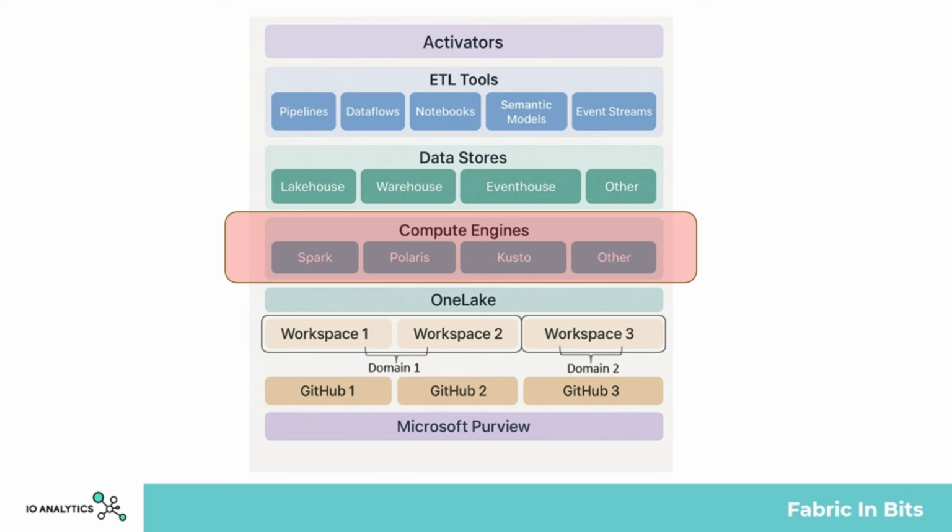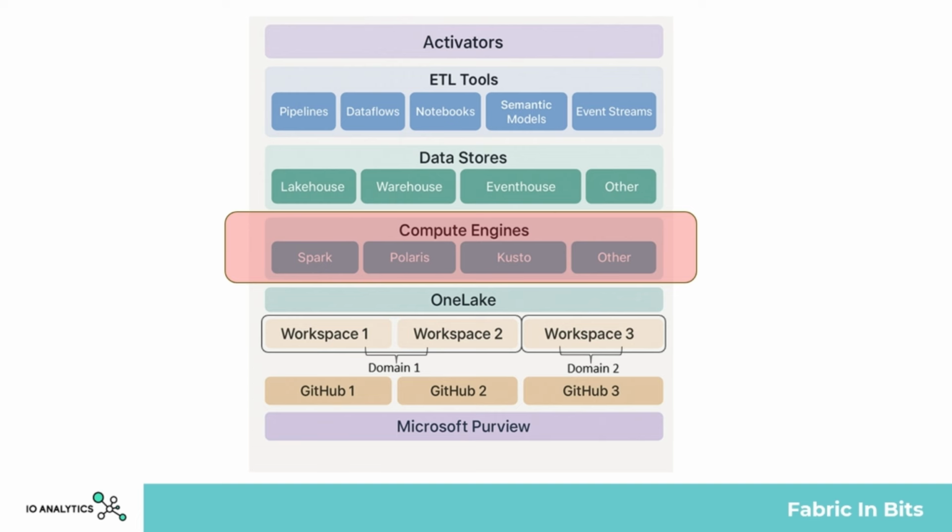But each of these compute engines is designed for a particular purpose. So Spark, for example, is able to handle large files at performance speeds. It also allows you to interface with the Spark compute engine through languages like Python, using the notebooks to go and interface with your data and process it in various ways.